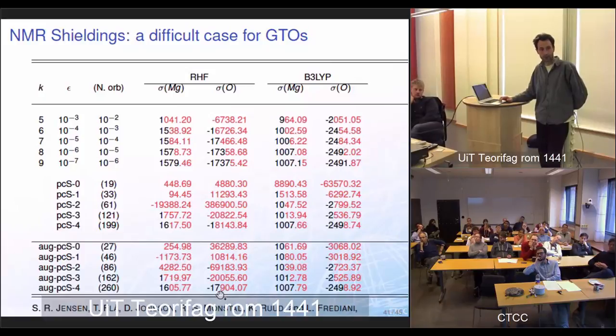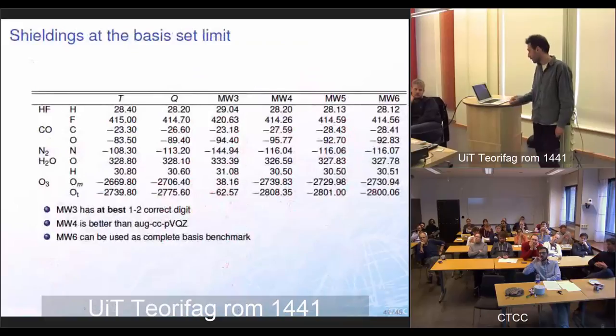So this 17,000 is the right number. And 249, again, is the right number based on the values I get up here. So we can really benchmark what these shielding values are and how correct the Gaussian basis sets are.